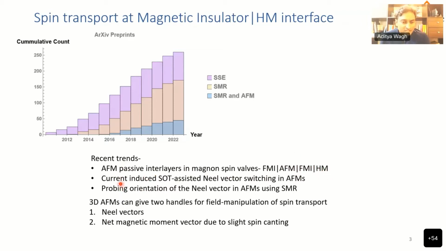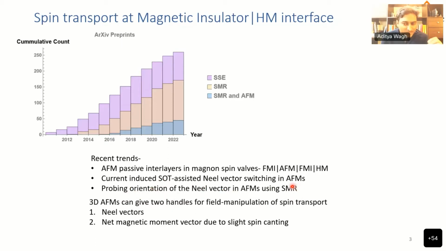Another interesting thing is trying to manipulate or switch the Néel vector in antiferromagnets using spin orbit torques generated by the charge currents in the heavy metal. Many papers have come out in the last couple of years talking about in-plane switching of the Néel vector. And a third important point is probing the orientation of Néel vectors in antiferromagnets using SMR.